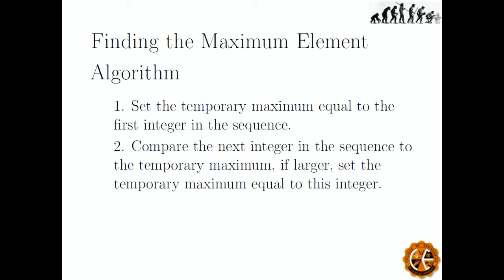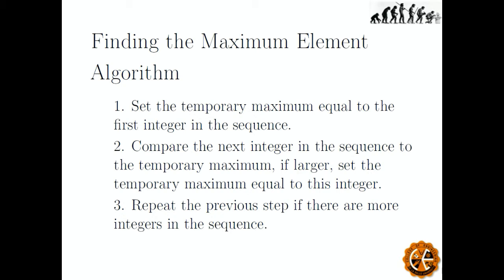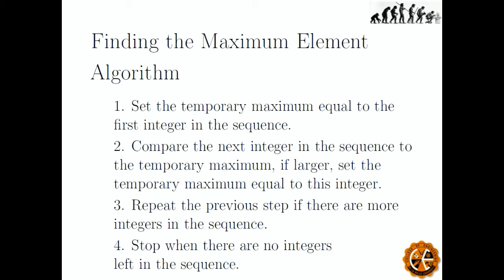Then afterwards, we are going to compare the next integer in the sequence to the temporary maximum. So if larger, we are going to set the temporary maximum equal to this integer and repeat the previous step if there are more integers in the sequence. Finally, stop when there are no integers left in the sequence.